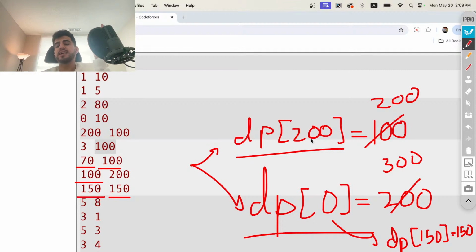So it's just saying that if at the end my happiness is 200, the maximum amount of money I can have is 200. If my happiness is 0, the maximum amount of money I can have is 300. If my happiness is 150, the maximum amount of money I can have is 150. Does it make sense? For every happiness, yes.